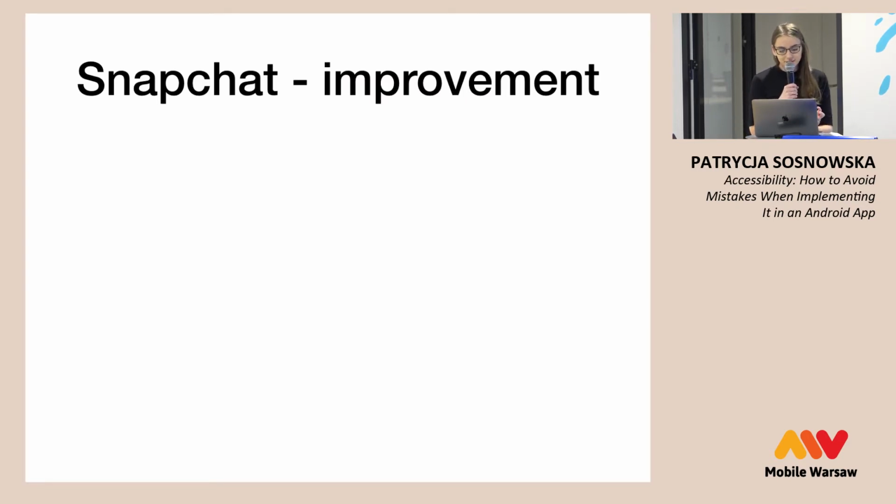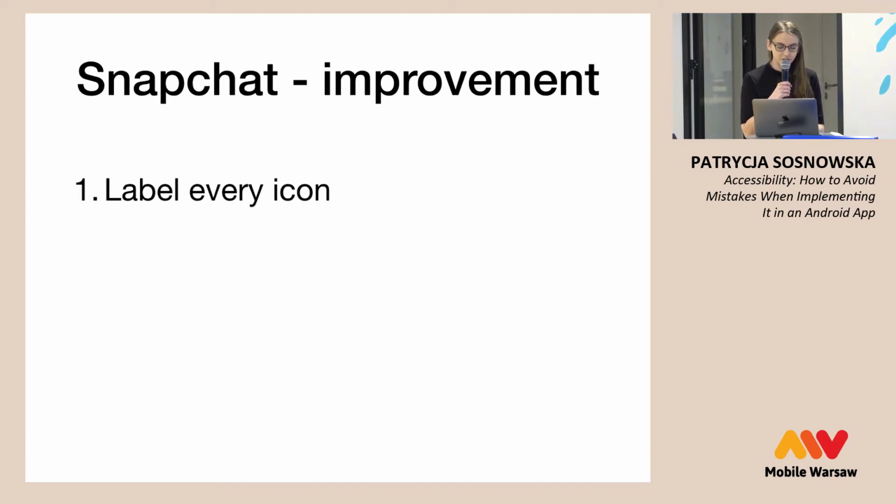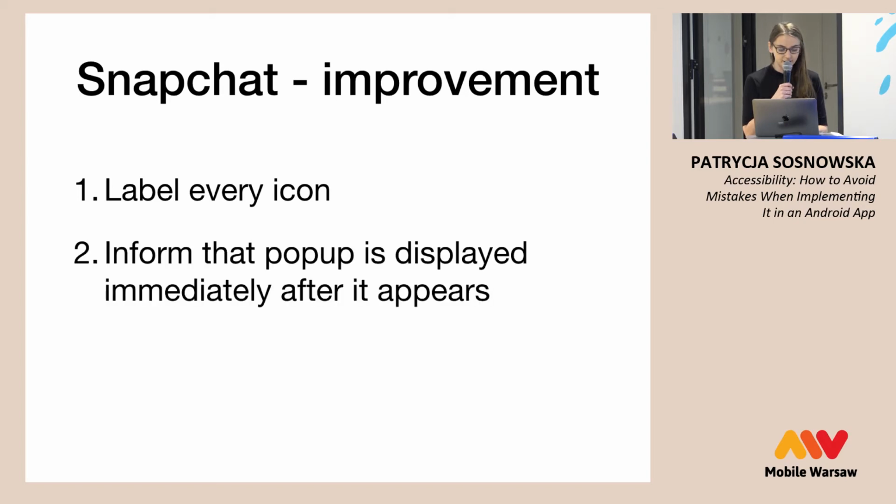As you can see, accessibility is not implemented at all in this app. That's why we can't talk about mistakes, rather areas of improvement. And what improvements could we add here? Of course, first of all, we could notice that all icons were not labeled. And second thing, a pop-up was displayed, but TalkBack doesn't communicate it at all. It is crucial to inform users about every change on the screen immediately.